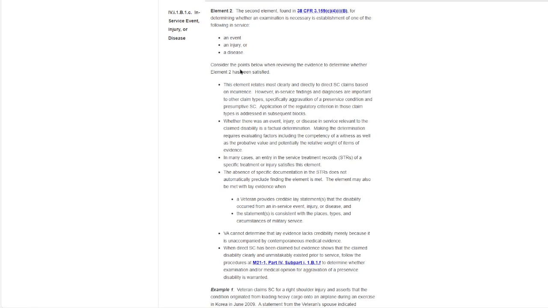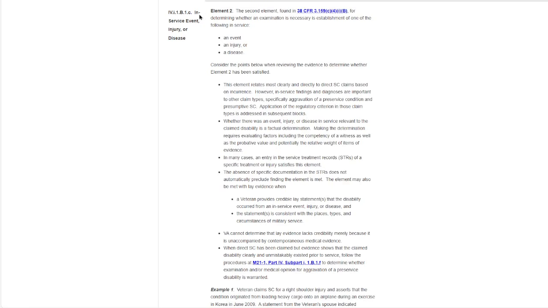So if you were a load master, let's say, that was your MOS in the Air Force, and you could show that you lifted heavy things as literally the mainstay of your job, then that would be compelling evidence in order to satisfy element 2 in an event that you were lacking, say, treatment records or any kind of complaints in service.